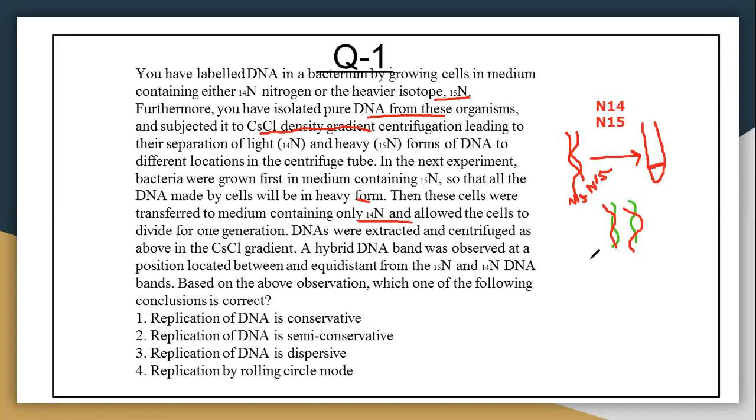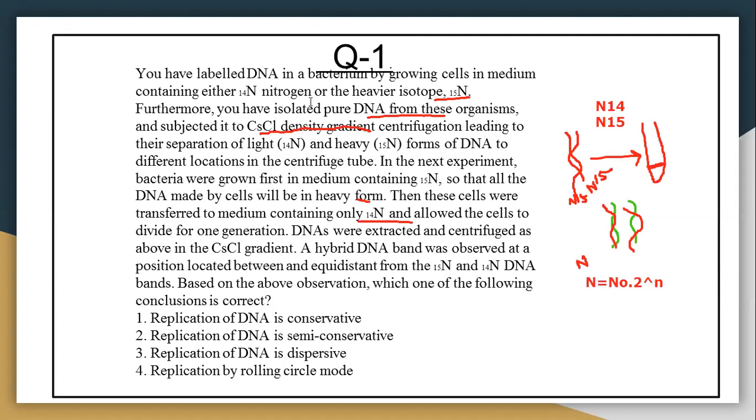You know the formula: in case of bacteria, N equals N0 into 2 to the power n, where n is the number of generations, right? The number of generations is 1, and N0 is the initial one bacterium. So after the first generation it will produce two bacteria. Now you get the band after density gradient centrifugation.